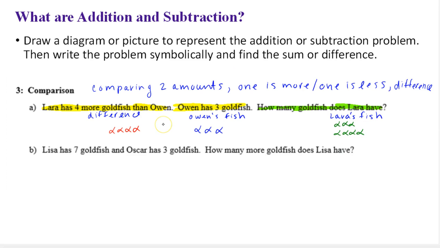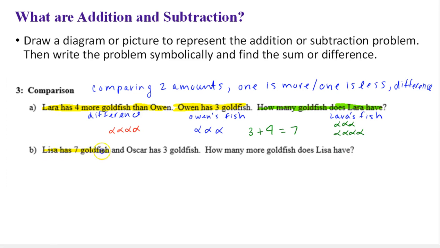Okay, I made them different colors because notice, unlike the other situation, we're not taking away any of these fish from Owen. Okay, we're comparing these different sets of fish, these different amounts. Okay, so abstractly we could say that the number of Owen's fish plus the difference equals number of fish that Lara has.